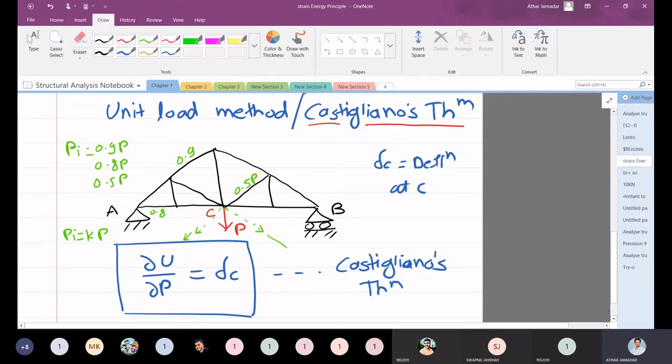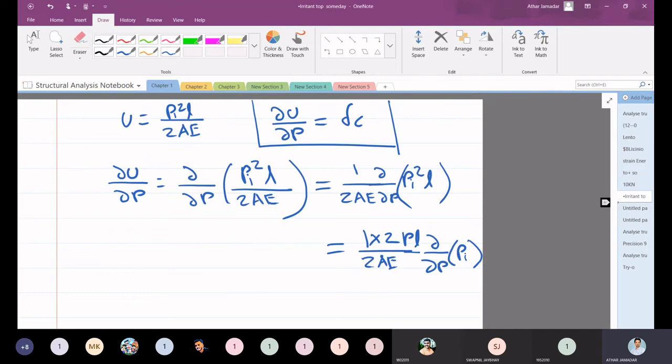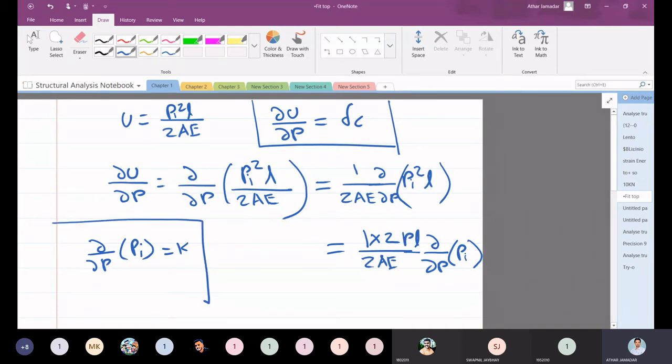Okay, so here again, del by del P of K into P, where K is a constant. So we get the value of del by del P of Pi as K, because Pi is nothing but K into P, and if we take the derivative of K into P, it is going to be K only.